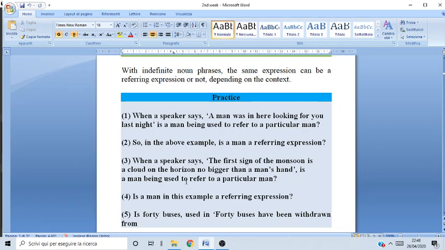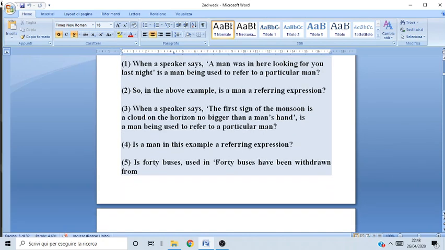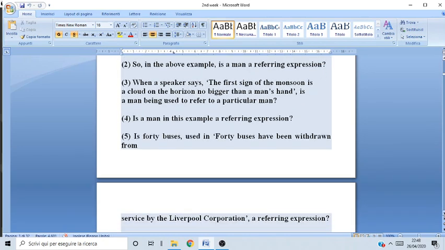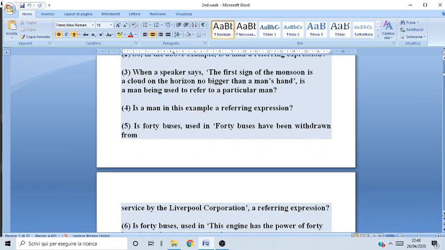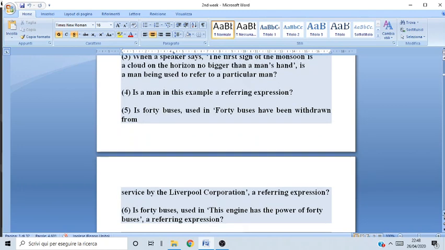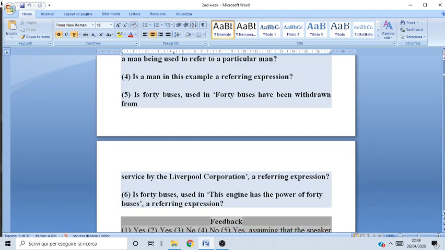Is a man being used to refer to a particular man? Is a man in this example a referring expression?